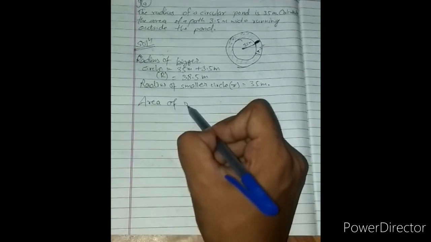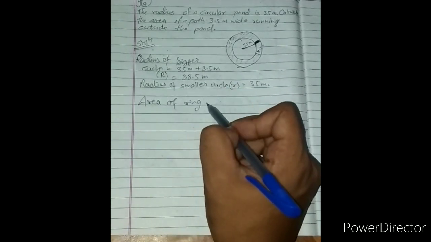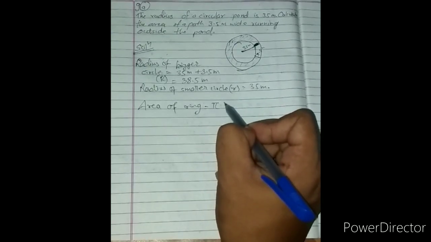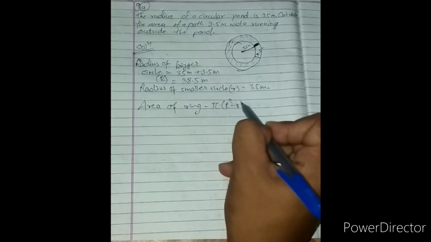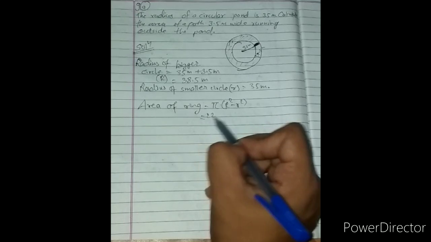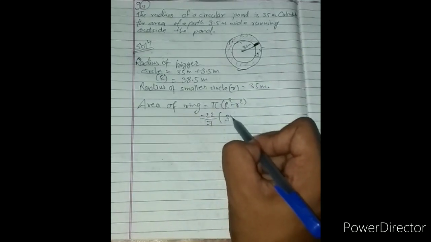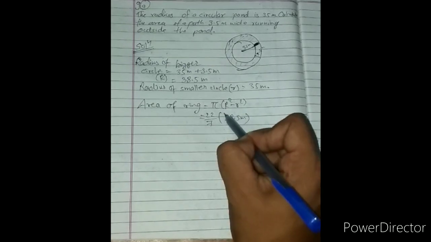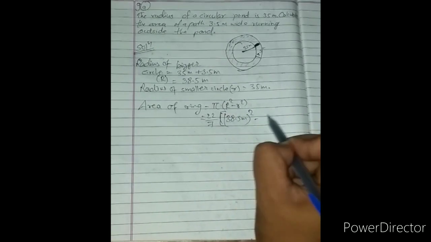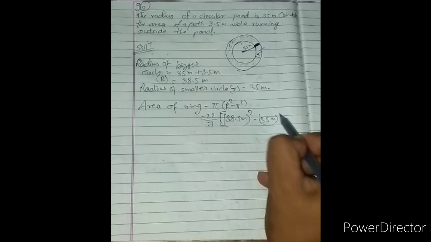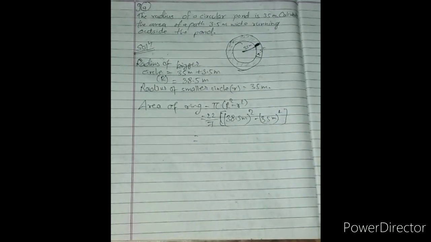Now let's find the area of the ring. The area of this ring is the area of the path. What is the formula? Pi R square minus r square. Pi is 22 by 7. Capital R, the bigger circle's radius, 38.5 square minus 35 square. Now calculate it.